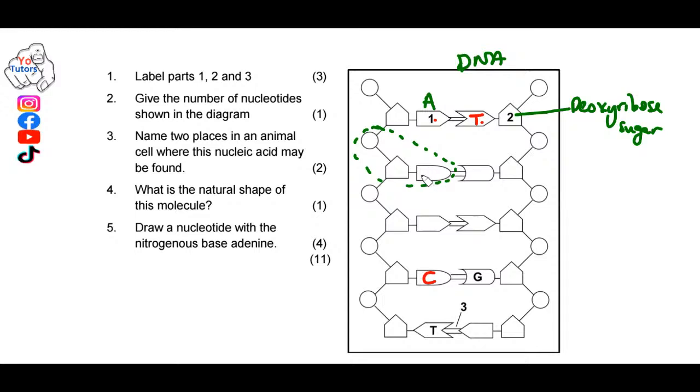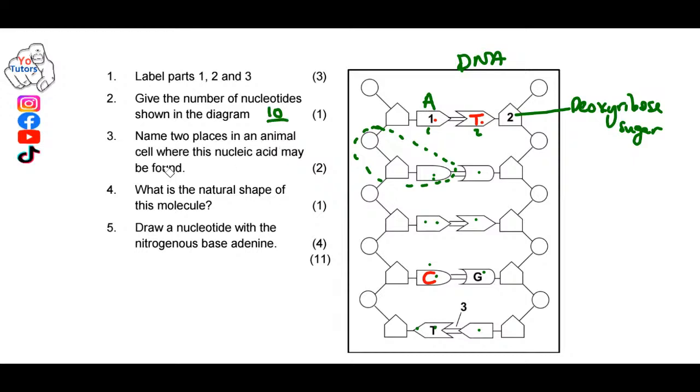So we can simply count nitrogenous bases here. So we can say 1, 2, 3, 4, 5, 6, 7, 8, 9, 10. But we can also count one side of the strand, where we can say 1, 2, 3, 4, 5. Then we just say 5 times 2, it will give us 10, because we know that they are actually in pairs. Okay, so this is 10 nucleotides.